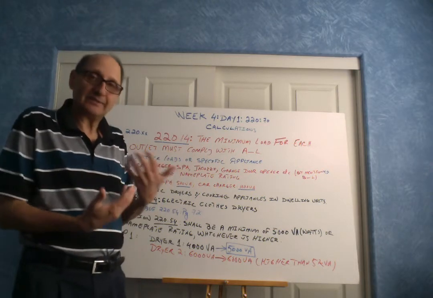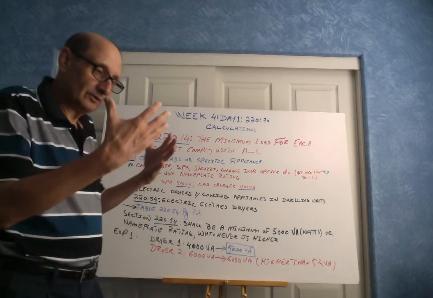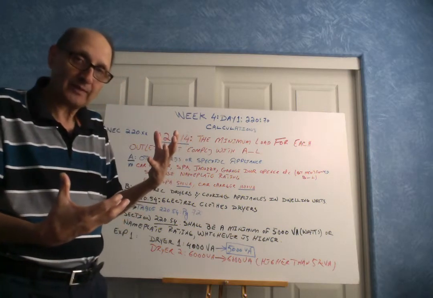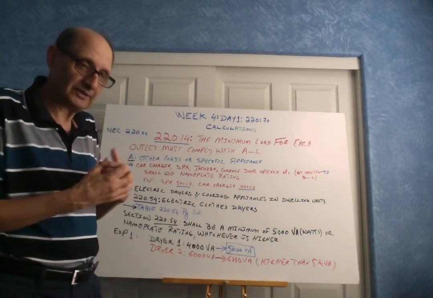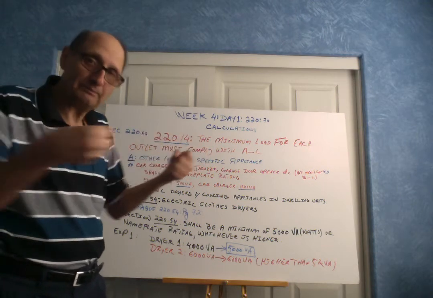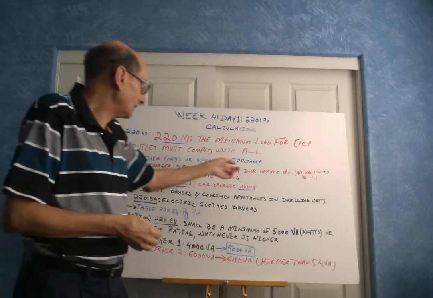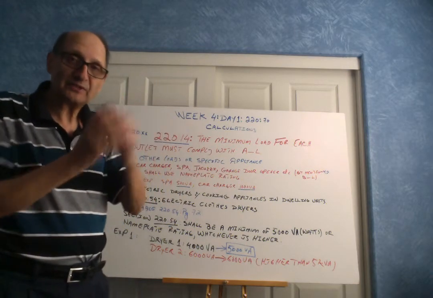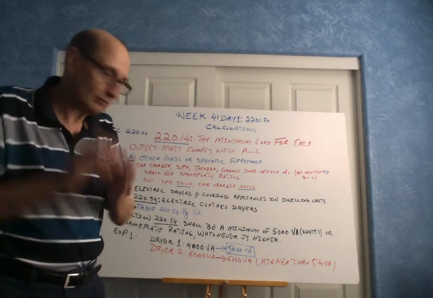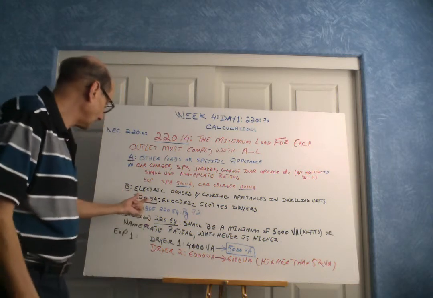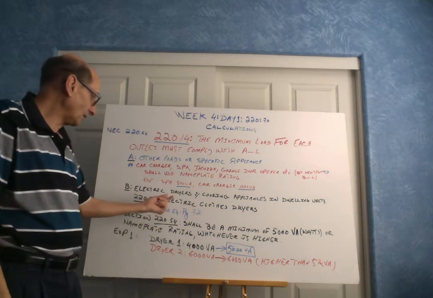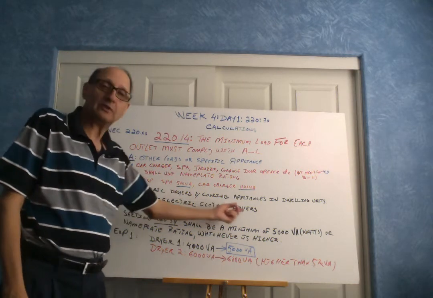But regardless of whether you use gas to dry your clothes or electricity, we still need an outlet to plug in. That's what they're talking about: that the outlets must comply with sections A through F. So section 220.54, electric clothes dryers.